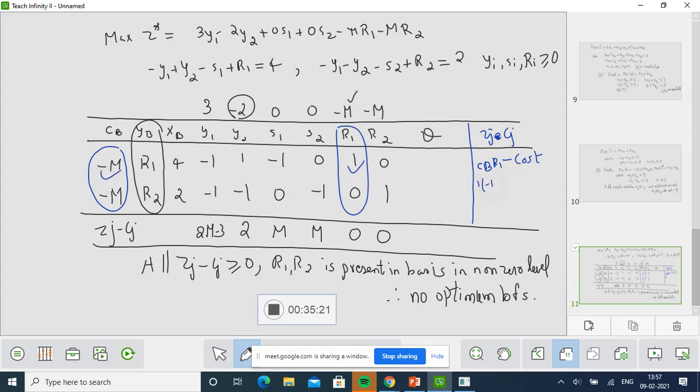So 1 into minus m, plus I should take this 0 into minus m, minus this cost on the top, minus of minus m. Now what happens here? Minus m plus m, value becomes 0.